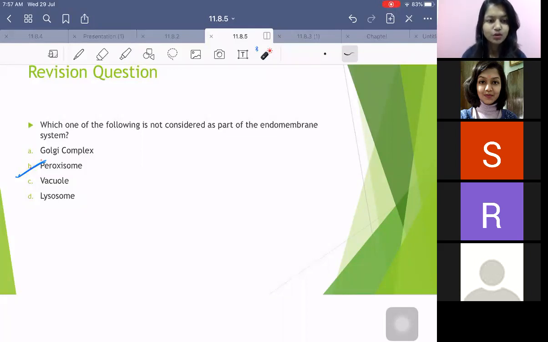Most of them are found in plant cells. They can be found in animal cells as well. What is the function? I will tell you later. What their functions are, what they do, we will be learning about it. It is a cell organelle. It is not a kind of lysosome.